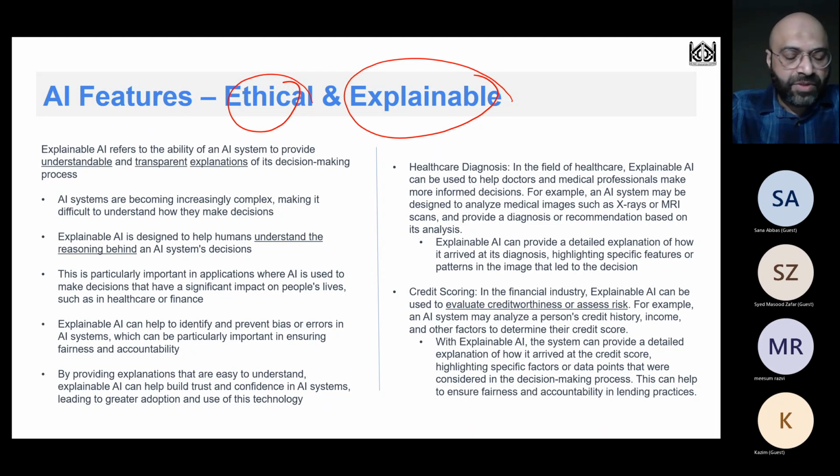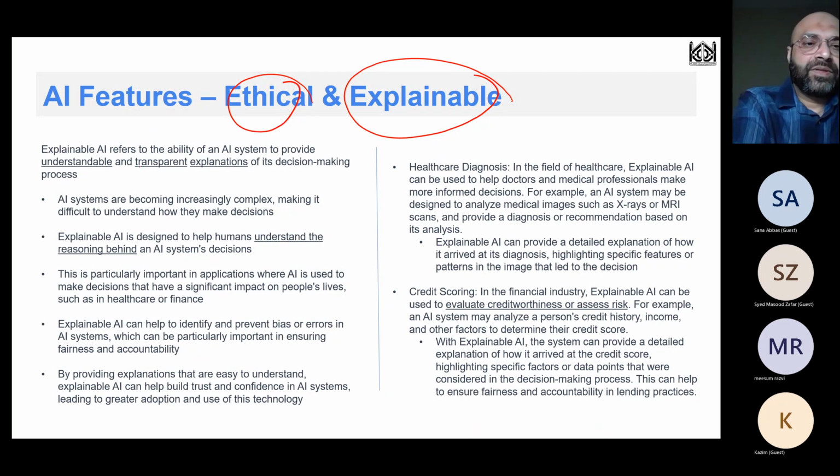There's a huge debate around these. They are in too much demand these days, because the ethical aspect and the explainable aspect have been worked on, but not to a point where you can call the vision complete or at maturity level. So what is explainable?